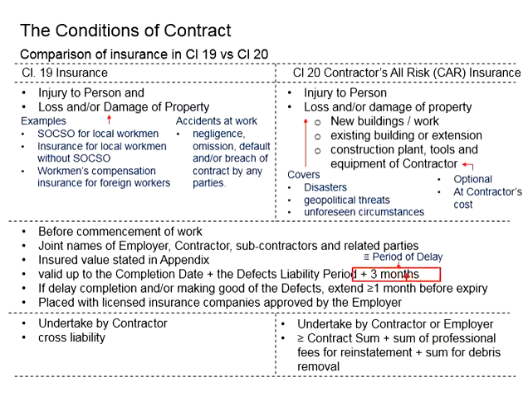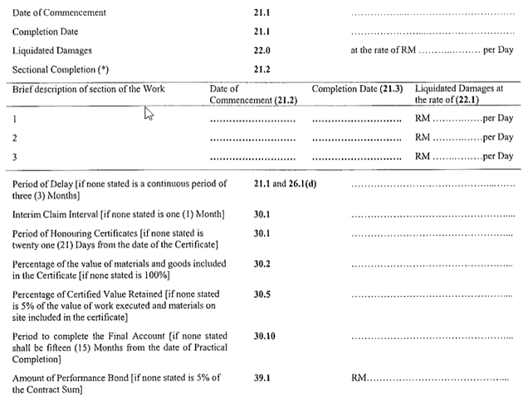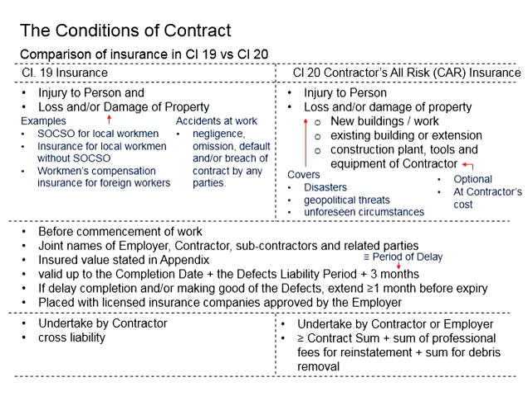This additional 3 months, I believe, is due to the period of delay, which if you refer to the appendix, by default is 3 months, in case there are circumstances that may lead to the delay of the work. Now, if there is any delay in terms of the completion or in terms of the making good of the defects, both of these insurances will need to be extended, and this has to be done at least 1 month before the expiry of the insurance.